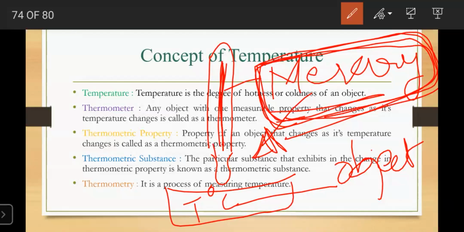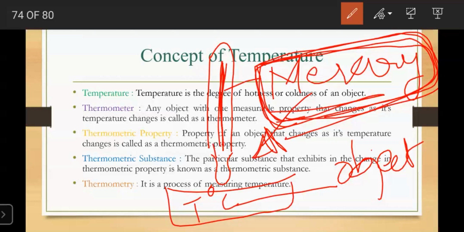If you are changing the temperature, there can be a change in a property of the mercury. That mercury you can call a thermometric substance, and the arrangement in which you are filling that mercury you can call a thermometer. Thermometer is an arrangement. In that arrangement, you can have a thermometric substance.